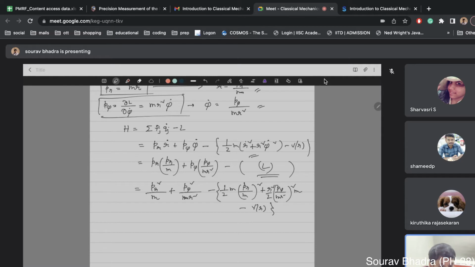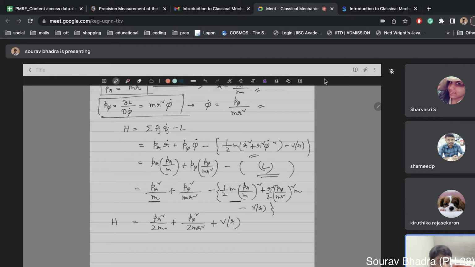So here is pr square by m, and here is a half pr square by m, so that will be half pr square by m. Similarly here the term will be p phi square by 2m r square, and this minus minus plus V(r).